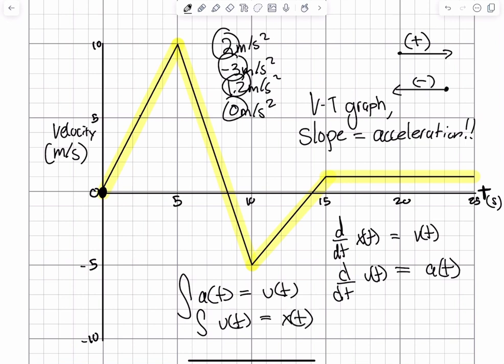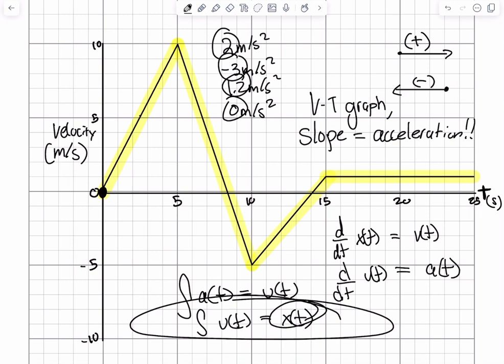Whoa, hold on a second. You're telling me the integral of vt is xt? That seems important. We're working with VTs here. We're working with velocity and time. And I can get xt from this? How does this work?